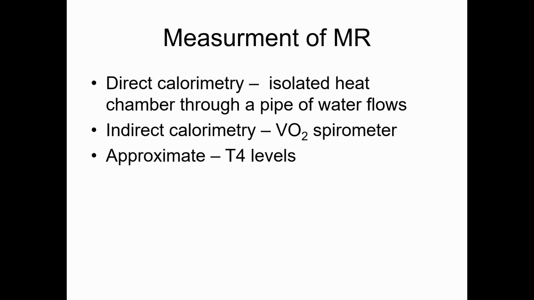Essentially what you have is an isolated room with a pipe that flows through the chamber, and that pipe carries water. If there's a person in the chamber giving off heat because of their metabolism, you measure the temperature of the water as it enters the room and as it leaves the room, and the heat that's been taken up into the water is then the kilocalories of metabolism.